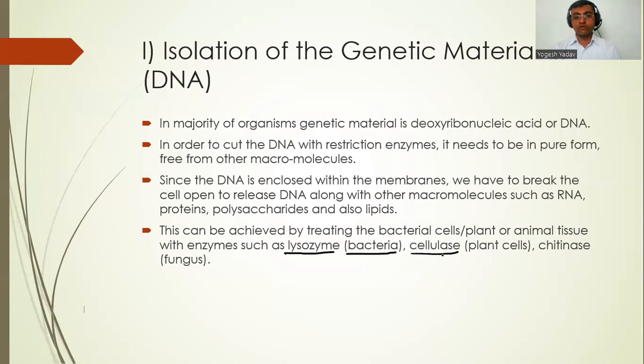So to remove that cellulose, we use the enzyme cellulase. Similarly, chitinase is used in case of fungus. So here, first of all, we are removing the outer membrane. Then the nucleus or the cellular material will be in direct contact with the enzymes, and that DNA will come out.